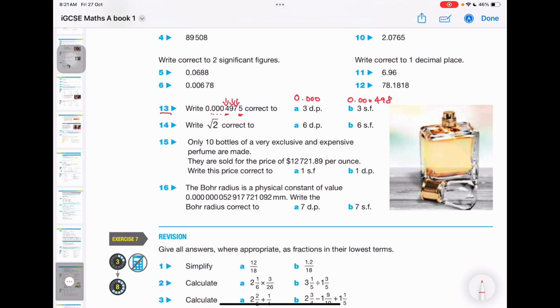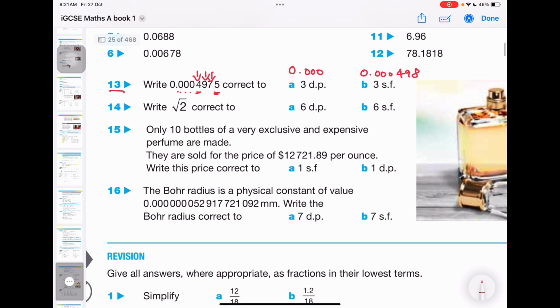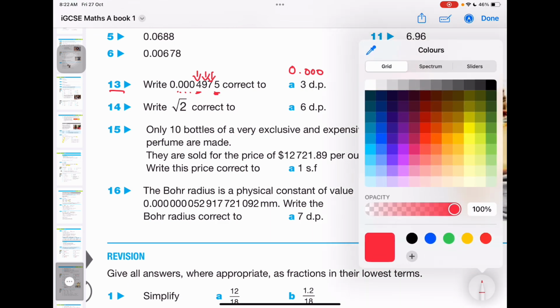So you have basically more interesting questions. Let's try number 15. In this case, you have 10 bottles of perfume at 12721.89 per ounce. Write this price correct to one significant figure. In this case, the 10 bottles doesn't matter because it's just extra information which is actually not needed.